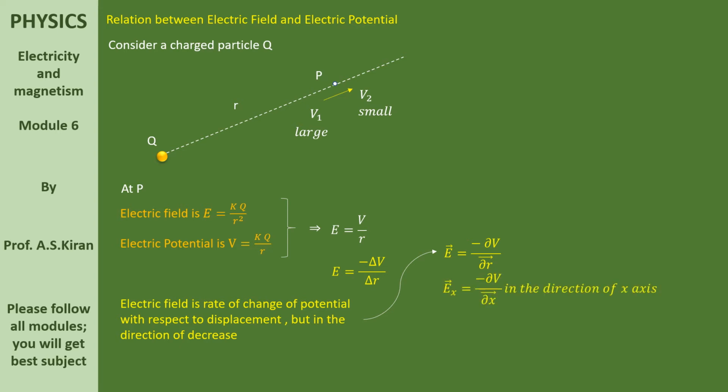Now, if we consider the electric field in the x-axis direction, it is equal to minus dou V by dou X. In the direction of the y-axis, Ey is equal to minus dou V by dou Y. In the direction of the z-axis also, the electric field is minus dou V by dou Z. Please remember, it is a partial differentiation. You will get details while doing the problems.